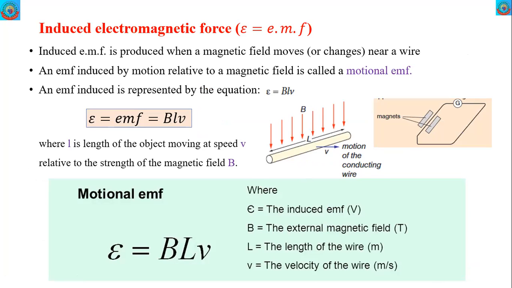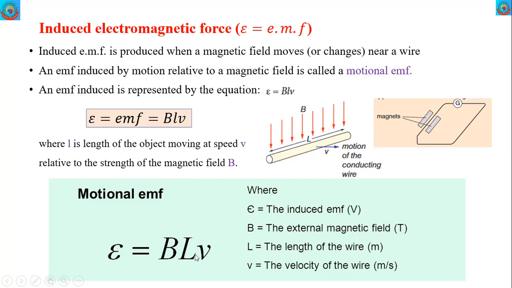When a conductor wire of some length moves in a magnetic field, when there is a movement between the conductor wire and the electromagnetic field, what will be the induced electromagnetic force? That is known as motional induced electromagnetic force, which is given with the equation E = BLV.